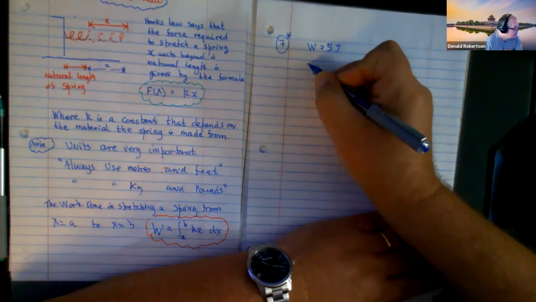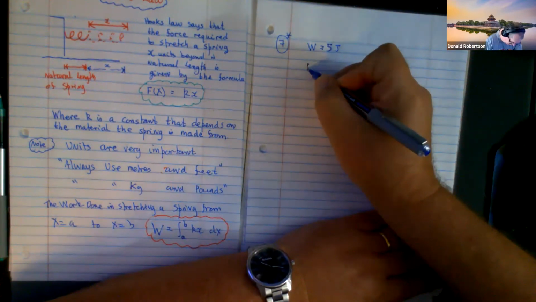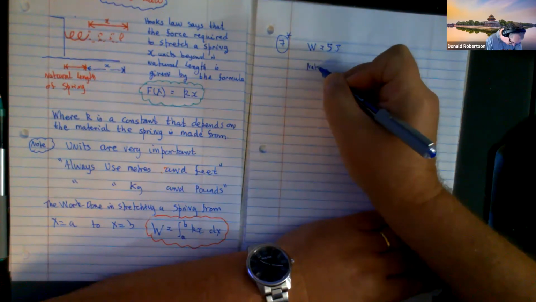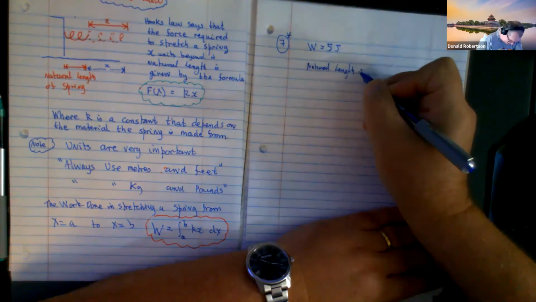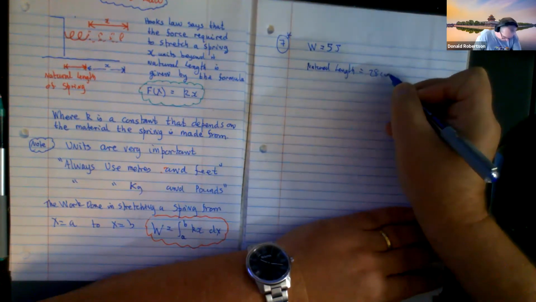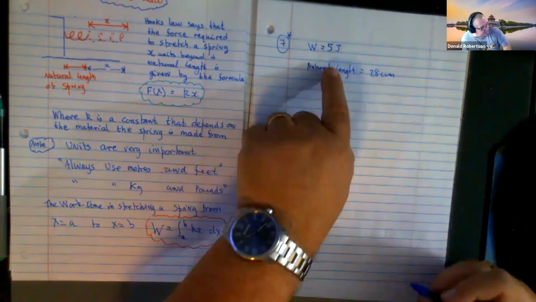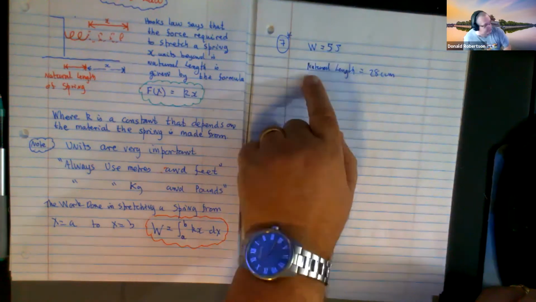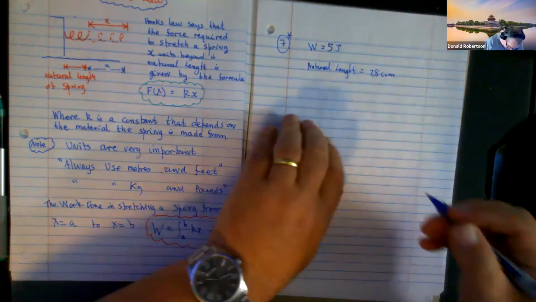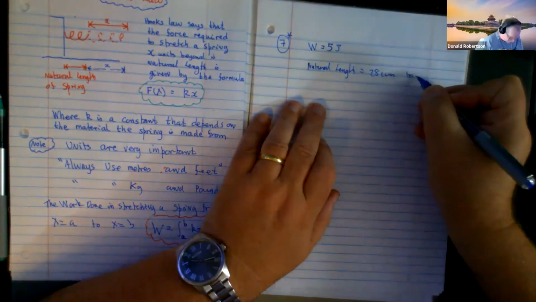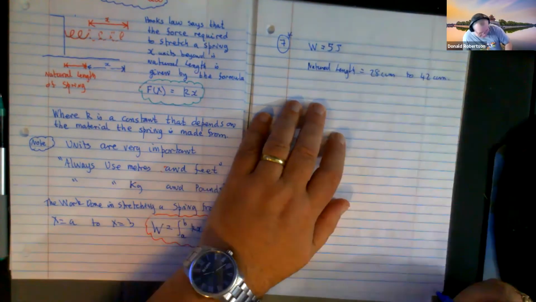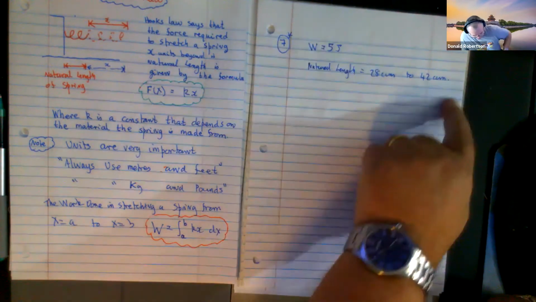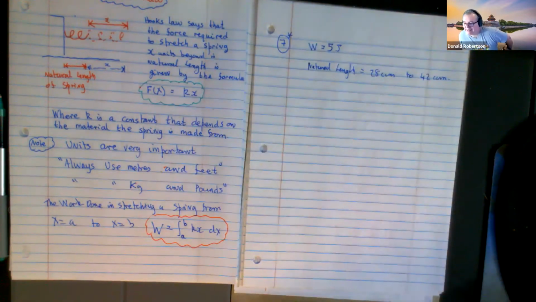And you're also told that the spring has a natural length of 28 centimeters, and it takes 5 joules of work to stretch it from this 28 to 42 centimeters. And from this information, we can find K.